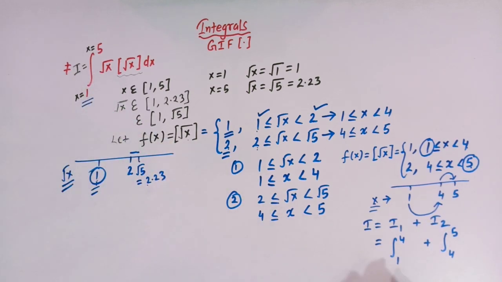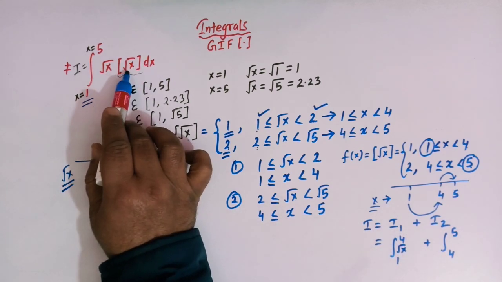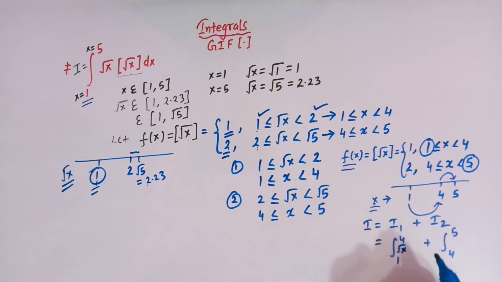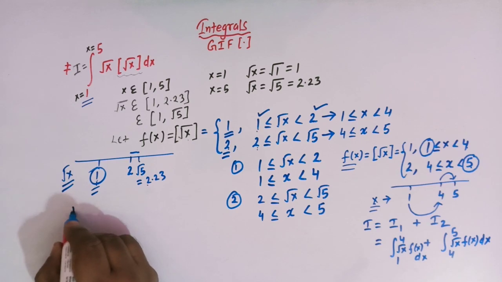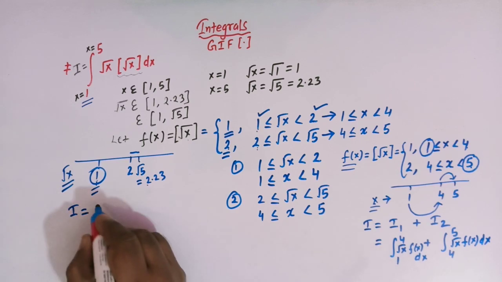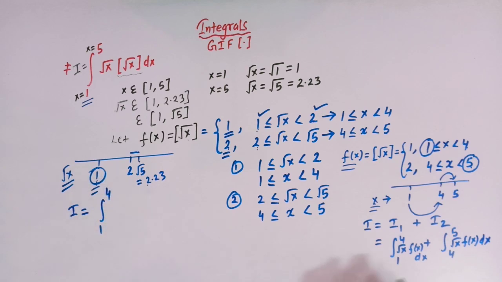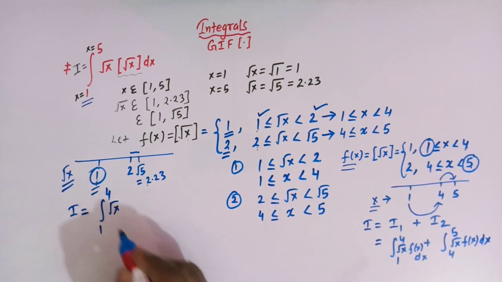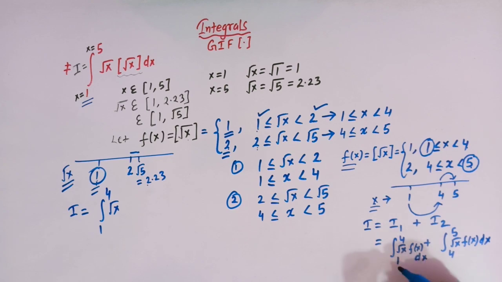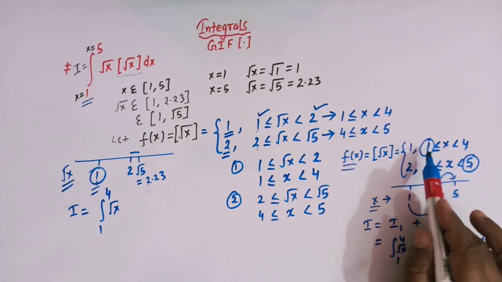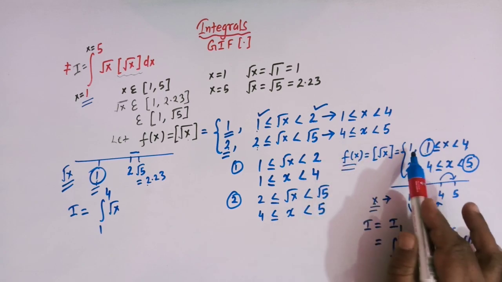And here we have square root of x, and the greatest integer of root x is represented by f of x. So here we have root x f of x dx, and here we have root x f of x dx, right? So now see, we can write I is equal to the integral from 1 to 4 of square root of x, and when x varies from 1 to 4, f of x takes the value 1.